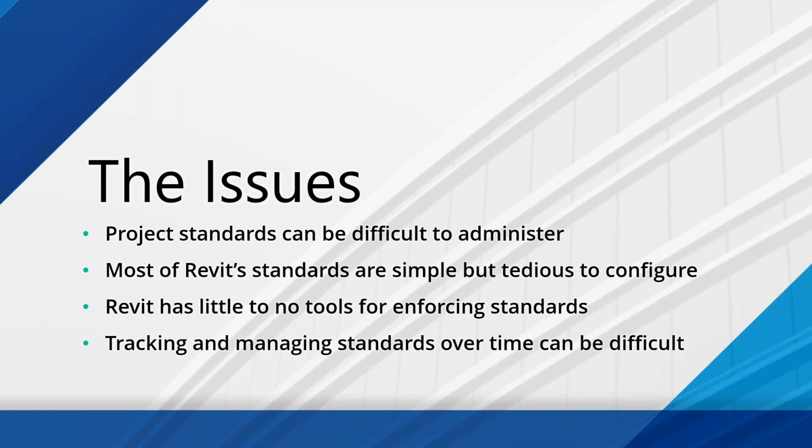And for tracking and managing them over time and seeing what recurring issues keep popping up and how we can deal with that without manually writing it down, there really isn't much natively available.